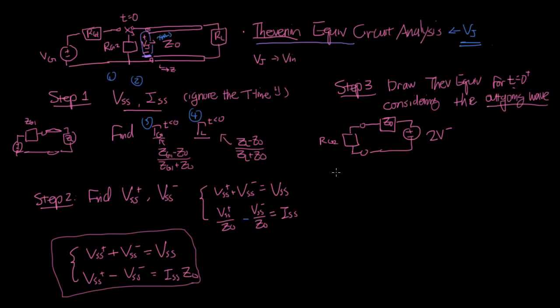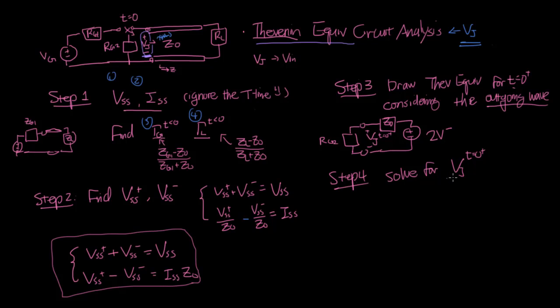So now, step 4 is you have this Thevenin equivalent, you solve for the voltage at the junction at t equals 0 plus. So you solve for Vj at t equals 0 plus.